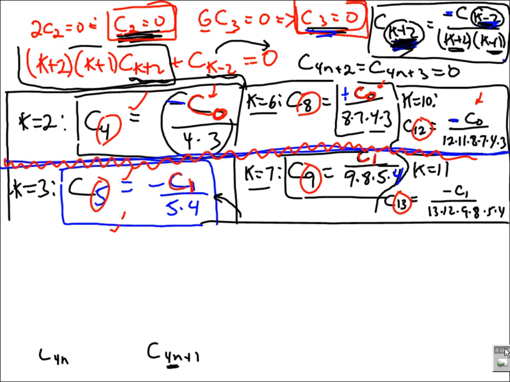We'll worry about the alternating signs. But what I want to see is what's going on with the denominators. We have 4 times 3, 8 times 7 times 4 times 3, 12 times 11 times 8 times 7. Maybe we'll look at that one.